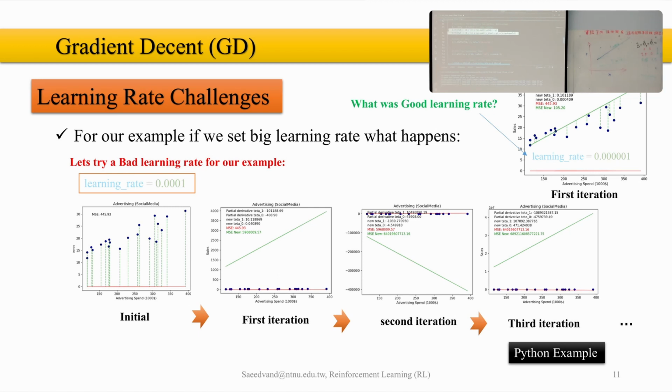After calculating, we said that we want to update theta hat 0 by the learning rate. Theta hat 0 is equal to theta hat 0 subtracted by the learning rate times the derivative of theta hat 0, and theta hat 1 respectively. So here I go to this slide.